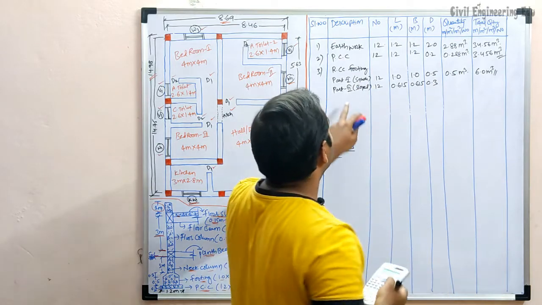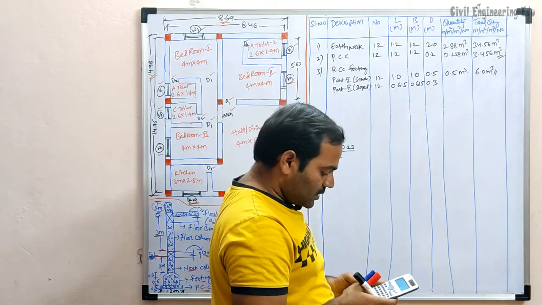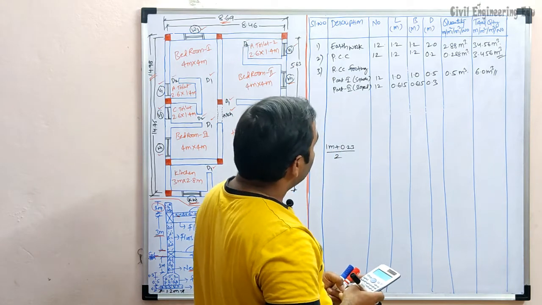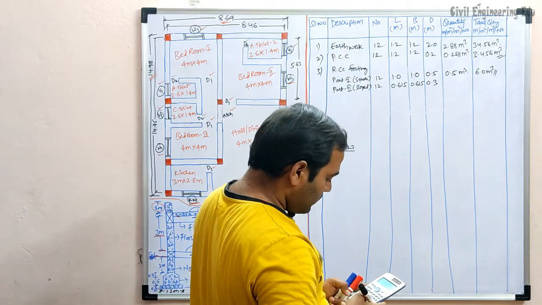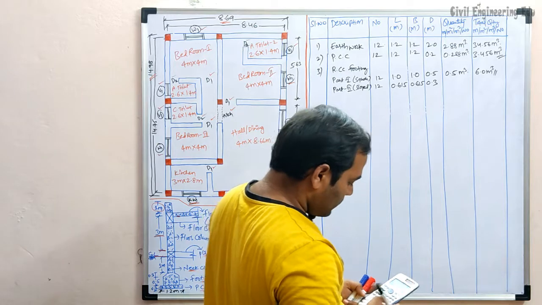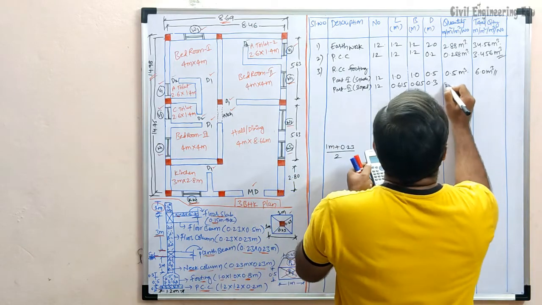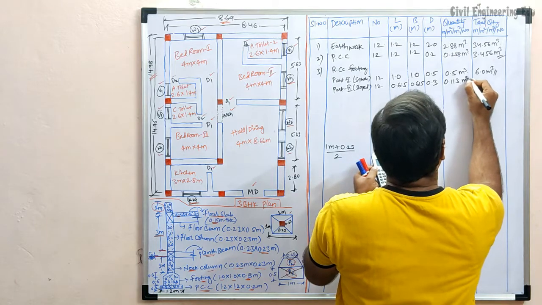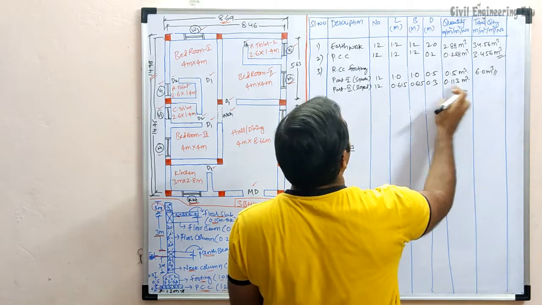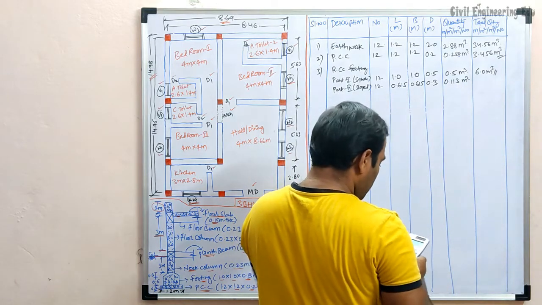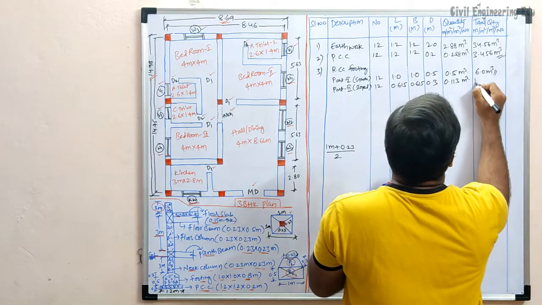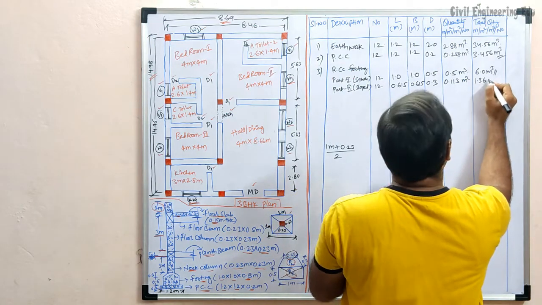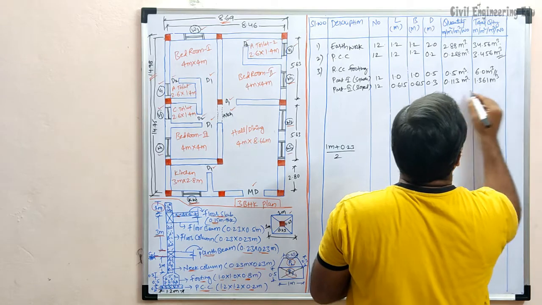Now coming to the sloped portion, 0.615 into 0.615 into 0.3, that is 0.113 meter cube. We have to multiply this with 12 numbers, into 12, that is 1.361 meter cube.